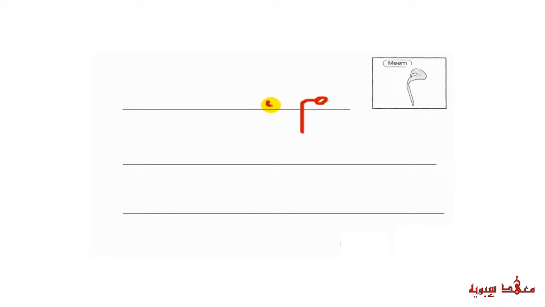So I'll do that again. Come around, and like that. So that's the way the meem is written in the isolated form. Now, in the beginning of the word, it's as follows. You start from about here, and just go around, and then come down, waiting for the next letter.